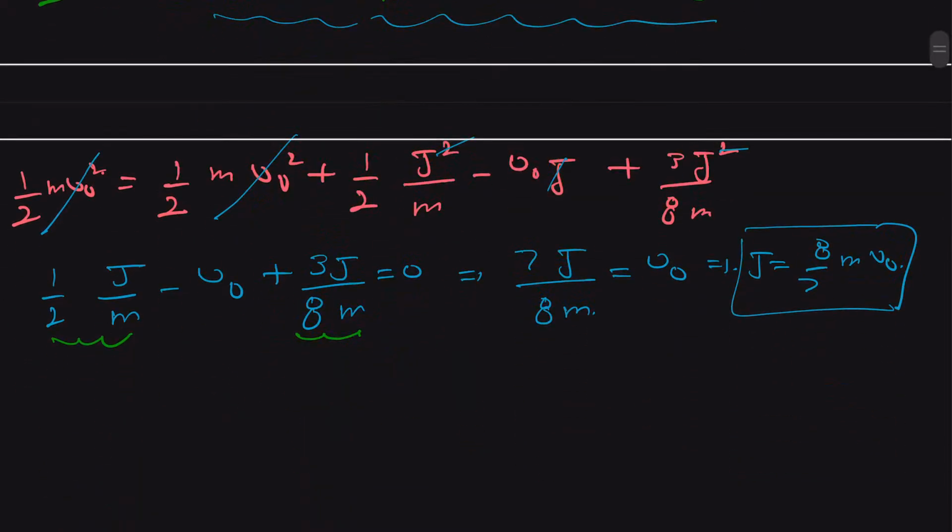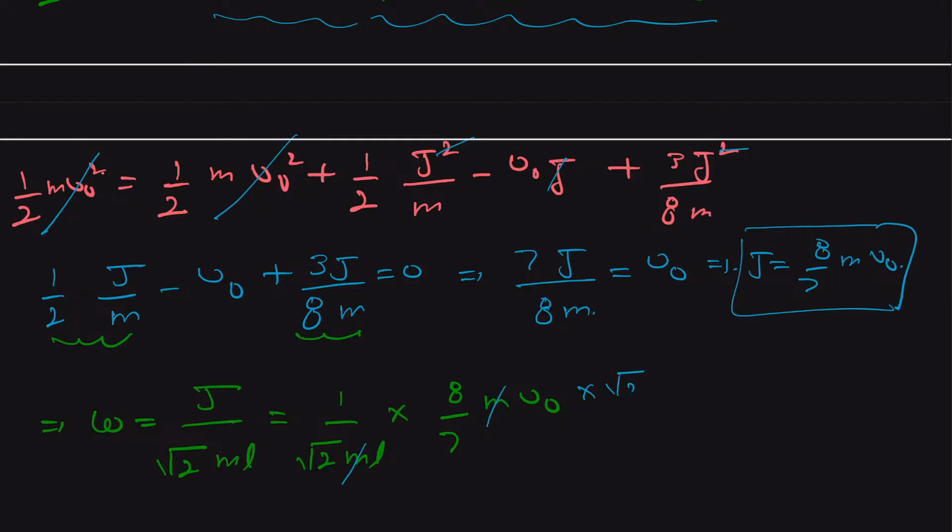And omega, we know the relationship between omega and j. So we know that omega is equal to j upon square root of 2 times ml. So this is 1 by 2 ml times j, which is 8 by 7 m v naught. And m and m cancel out. So we can also rationalize it.